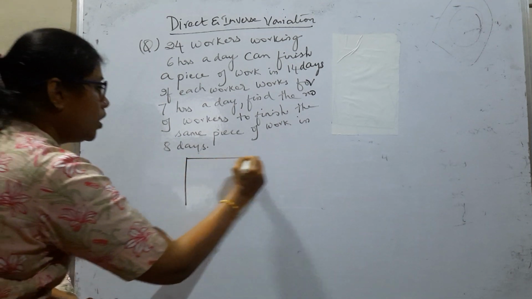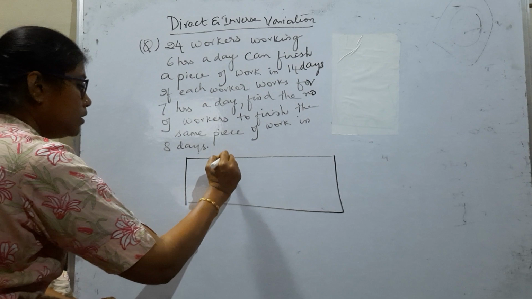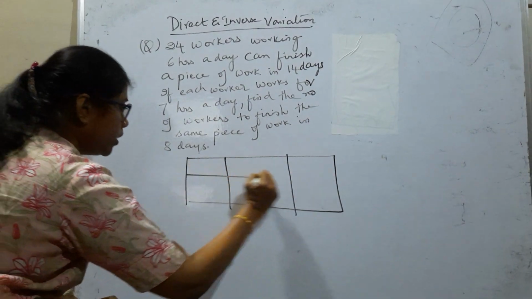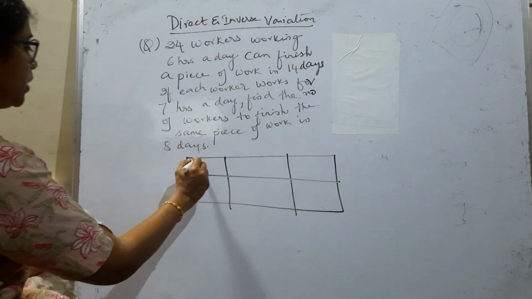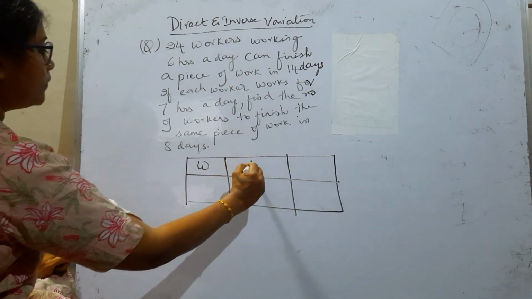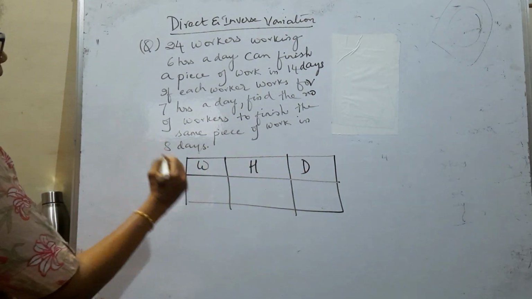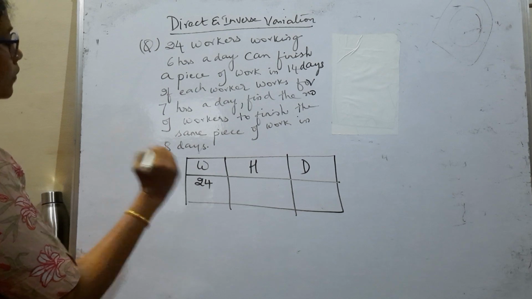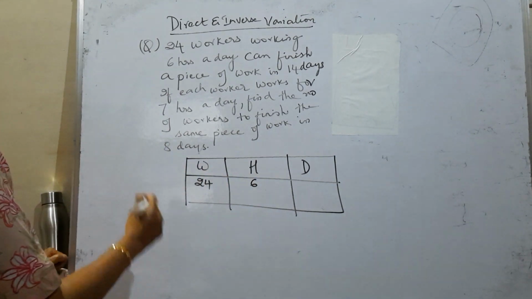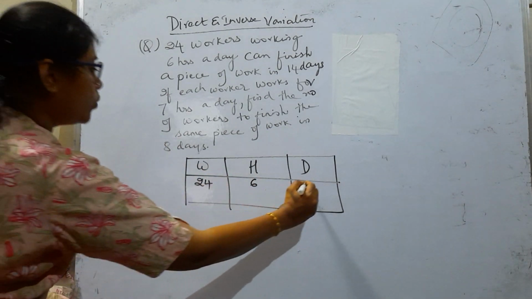So let's see what we're going to do here. Let us write the three quantities which are given: workers, hours and days. Now 24 workers are working for 6 hours a day, and they can finish a piece of work in 14 days.